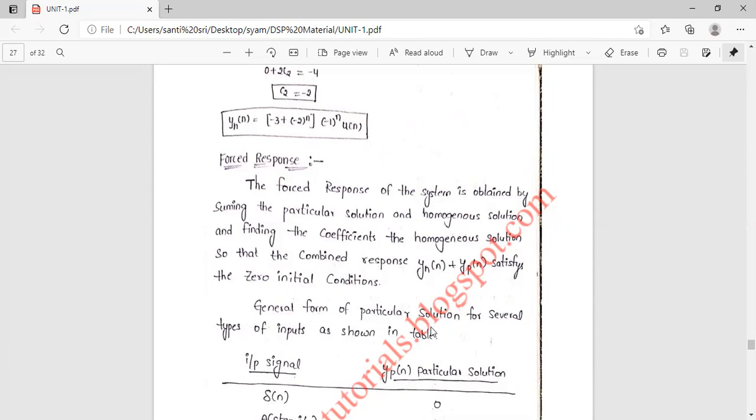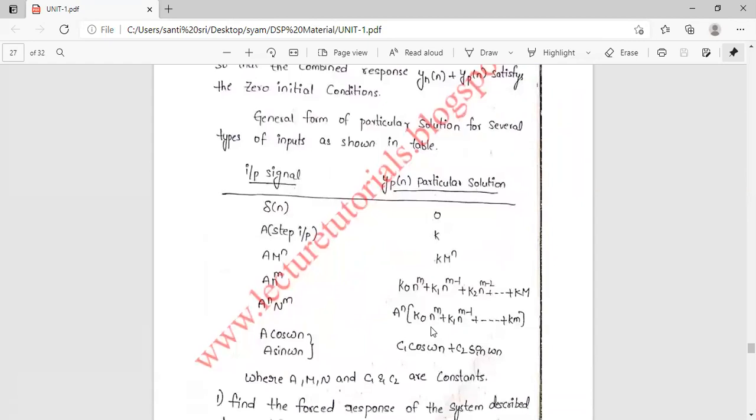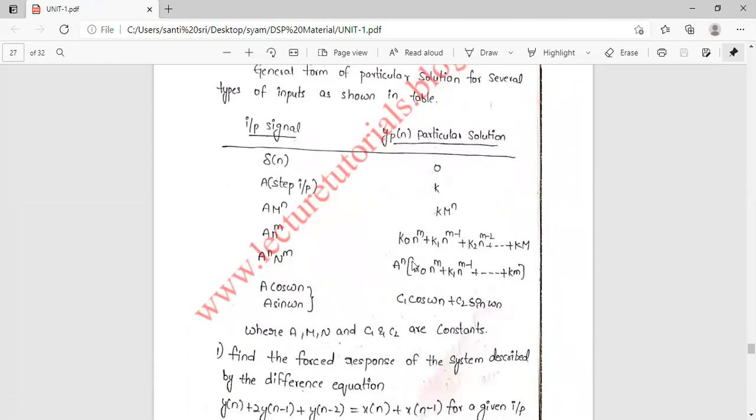The general form of the particular solution for several types of inputs is as shown here. This is the input signal, and this is the particular solution. Delta of n means the impulse function, so its particular solution is 0. For a step input, a into m power n, the particular solution is k into m power n.